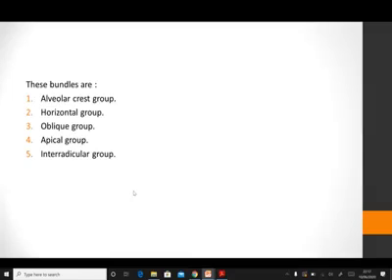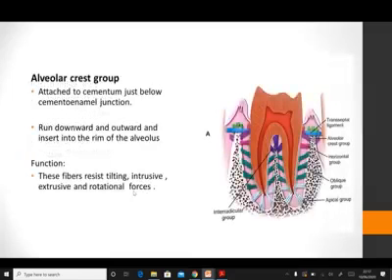Grouped in a bundle. So we're going to individually talk about all of these 5 groups of the principal fiber bundles, starting with the alveolar crest group. As the name says, alveolar crest group attaches on the alveolar bone.